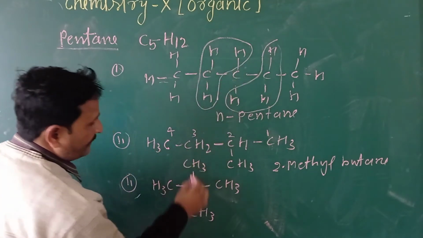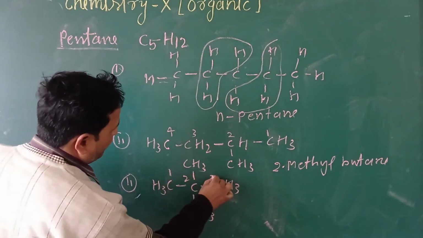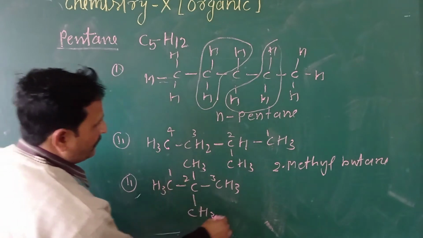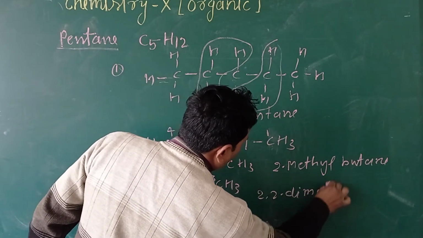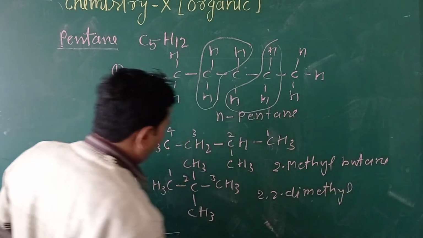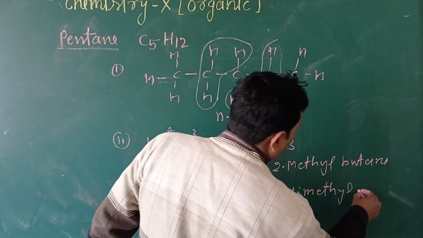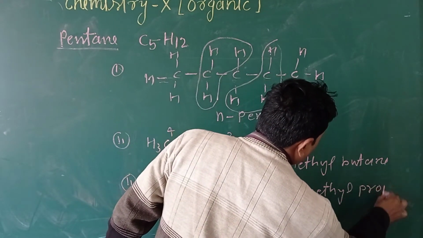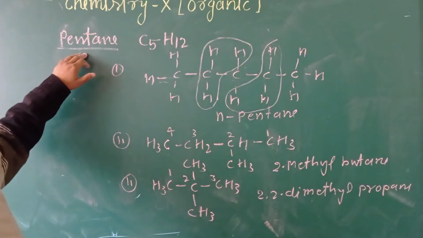Now the name changes. The long chain is 1, 2, 3. The name will be 2,2-dimethylpropane. 1, 2, 3 carbon long chain, dimethylpropane. So these are the isomers of pentane.